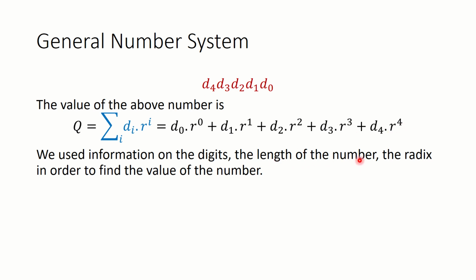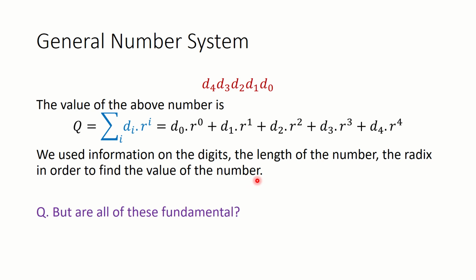We need to know the length of the number, so that it is not just stopping, but also knowing the positions of each of these digits. And then we have to know the radix of the number also. We have to know the radix in order to find the value of the number, right. So, all this information we have used, it seems so.